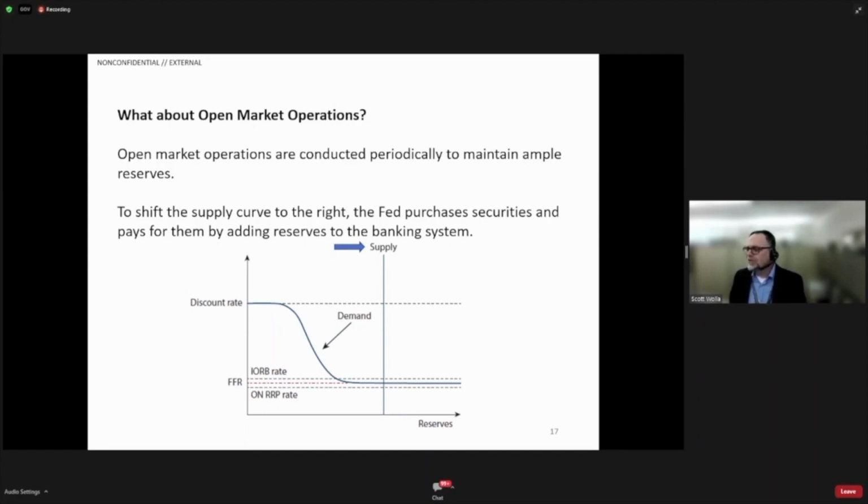So we still list open market operations as a tool, but when we talk about the 4 tools of monetary policy: interest on reserve balances rate, overnight reverse repo rate, the discount rate, and then we list open market operations as a 4th tool. But we try to minimize it because really it's interest on reserve balances that is the tool that the Fed uses to guide the federal funds rate.